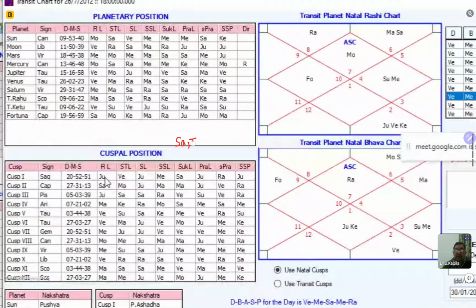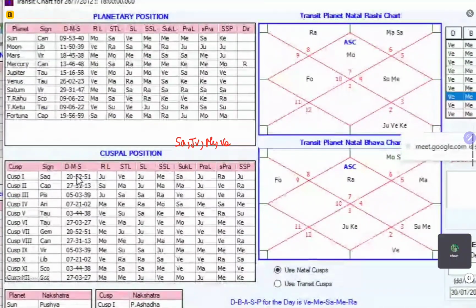Now, if you remember, we have discussed that the transit after transiting in the ascendant is rising in the sign of Sagittarius, and after Sagittarius it will be which sign? Capricorn. And after Capricorn it will be which sign?